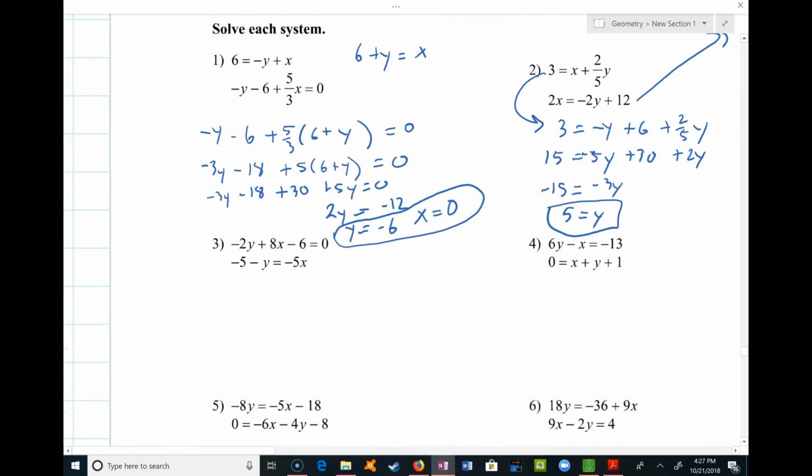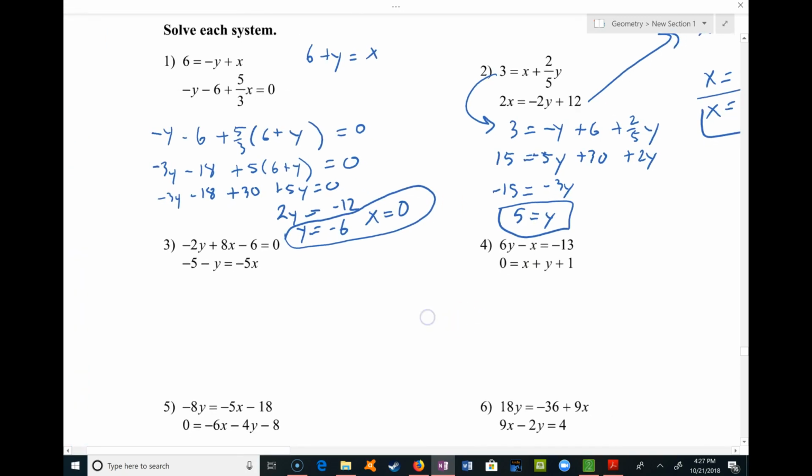Okay, we're cruising now. So here's another one that probably is substitution. It'd be easy to get the y by itself, although you could do elimination here.